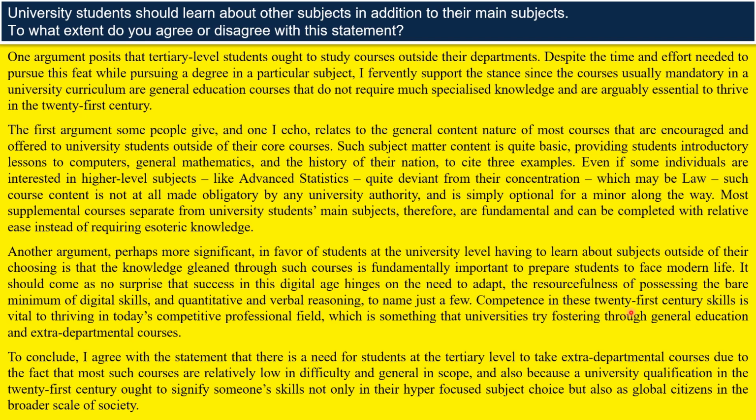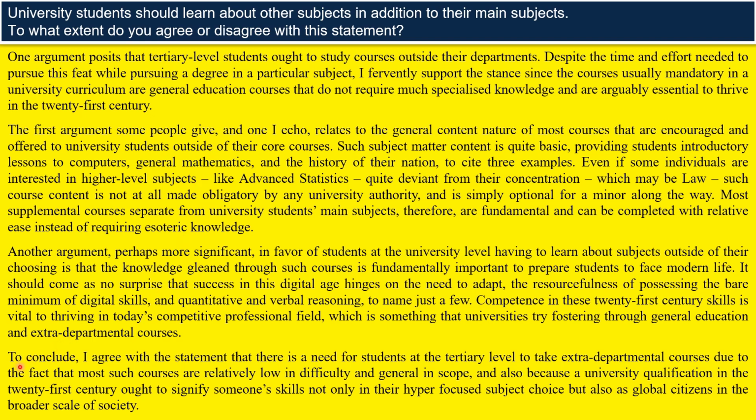Competence in these 21st century skills is vital to thriving in today's competitive professional field, which is something that universities try fostering through general education and extra departmental courses. So I followed the TEEL method in both of these paragraphs.